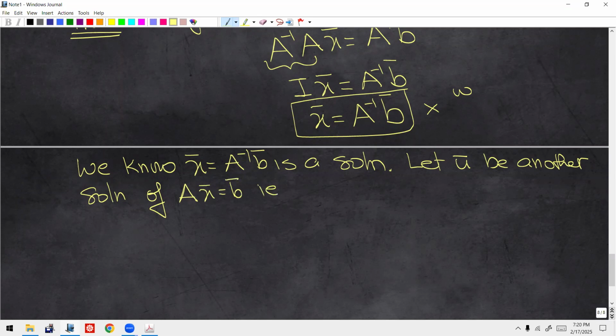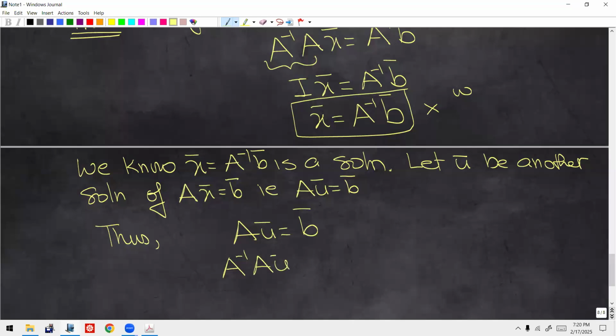That is AU is equal to B because we're saying U is another solution. So if I replace X with U, I get that. Okay, all right. So let's start with that. We have AU is equal to B. I'm going to multiply both sides by the inverse again. I can legally do that since A is invertible.